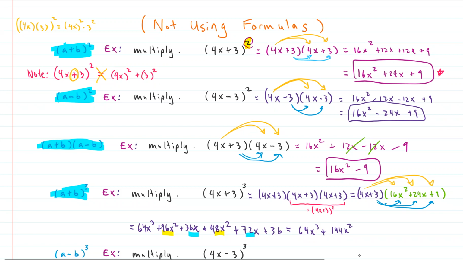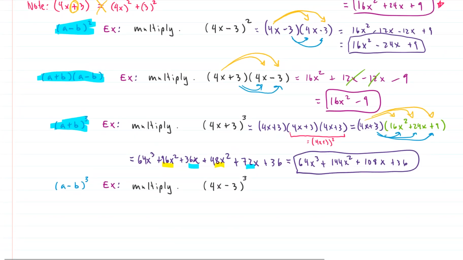So we did the x squareds, now the x's. We have 36 and 72, which gives us 108x, and then we've got 36. And we are done. So multiplying that out, it's a little bit long, but it's not the end of the world, right?